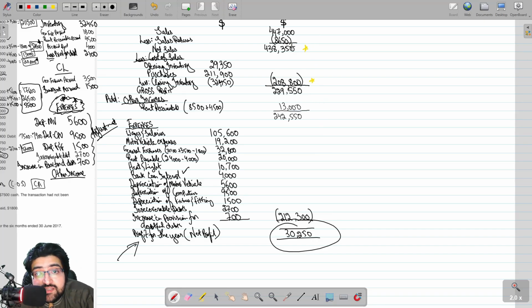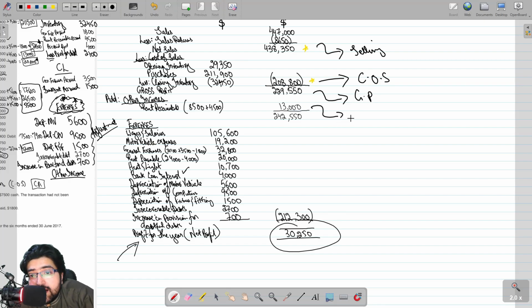So this is the money that my business generated by selling goods. Okay, that's the money generated by sales. This was my cost of sales, the cost of purchasing inventory mainly. Then this was my gross profit, the money I generated on the sales I made.